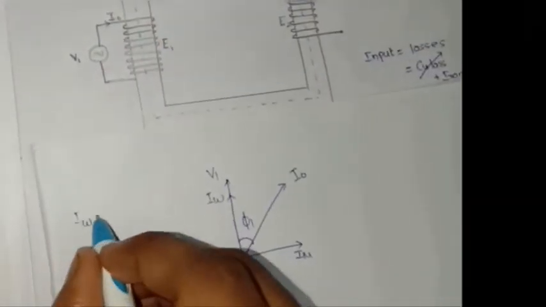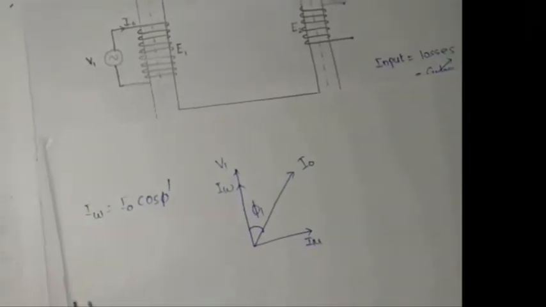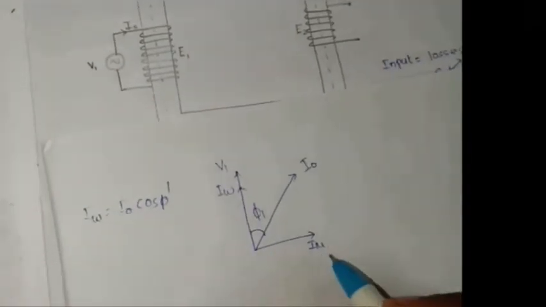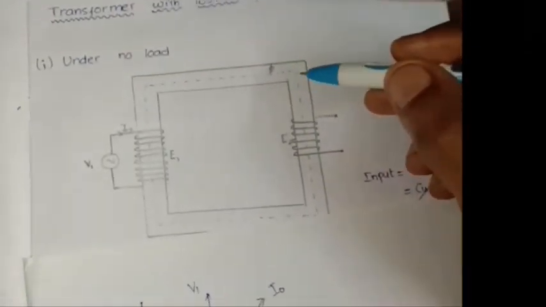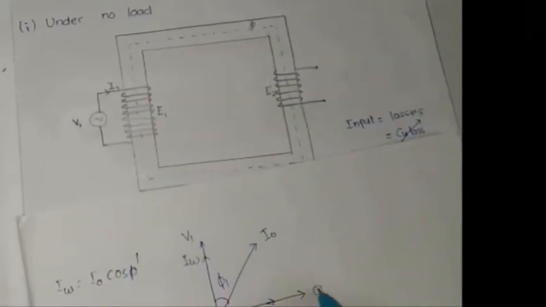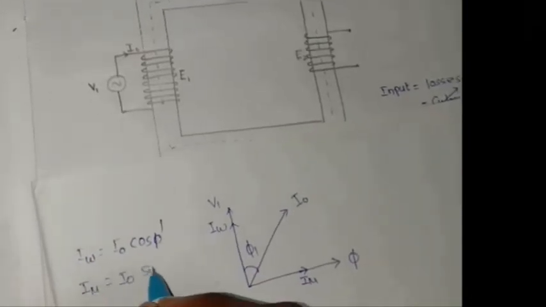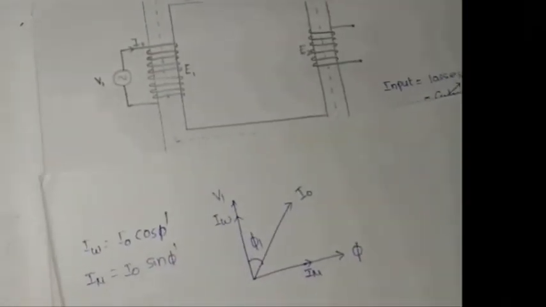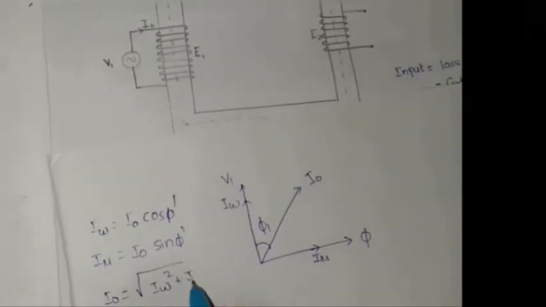IW is equal to I naught cos phi dash. Similarly, I mu is called the magnetizing current. It is responsible for generating flux phi in the core. So it is in the same phase as flux phi. I mu is equal to I naught sin phi dash. Hence, I naught is equal to the square root of IW square plus I mu square.